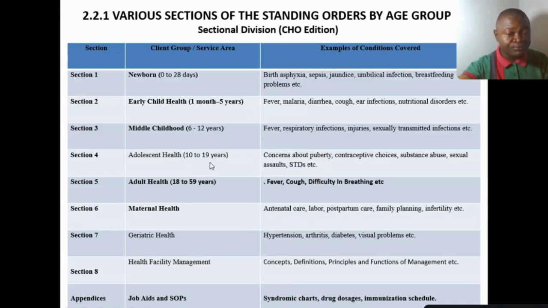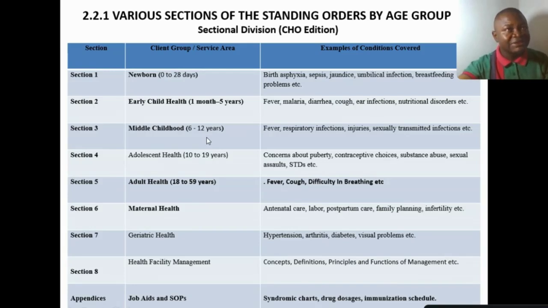You should be seeing what I'm seeing at the moment, that the adolescent section also covers the age range for the section before it. For example, somebody is 10 years, 11 years, 12 years, and is still an adolescent and still falls within the categorization for section 3, which is middle childhood.